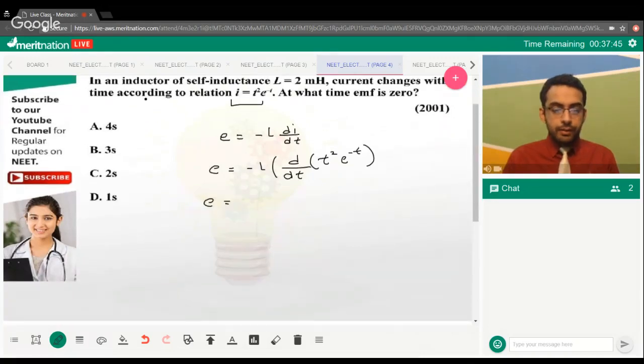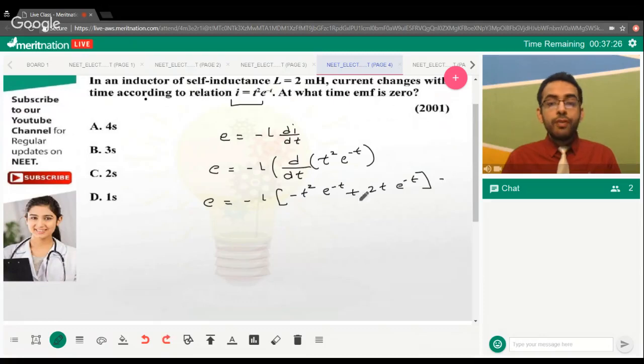You get E is equal to minus of L into minus t square e to the power of minus t plus 2t e to the power of minus t. And we have to find when the EMF becomes 0. So substituting it to be 0, what do you get from here?